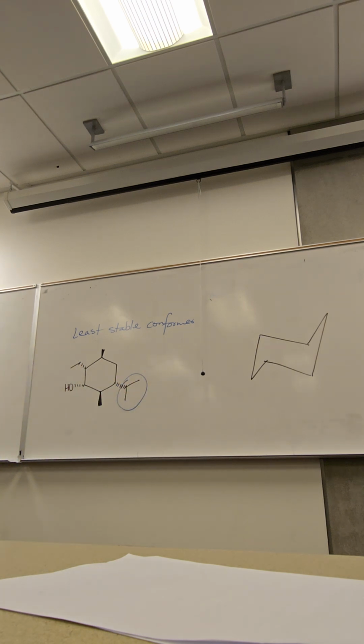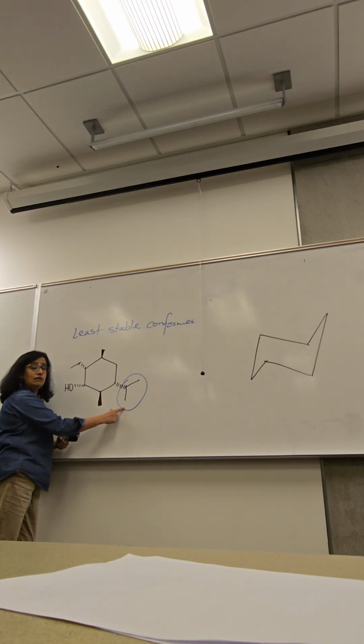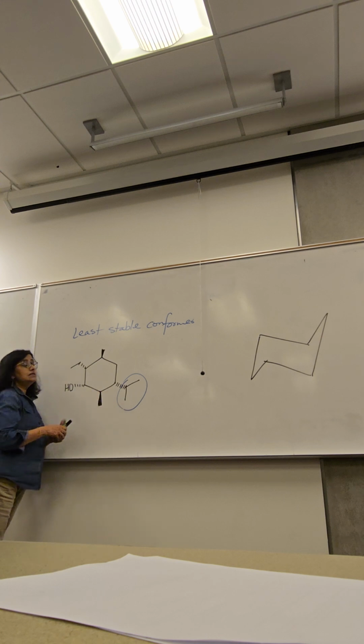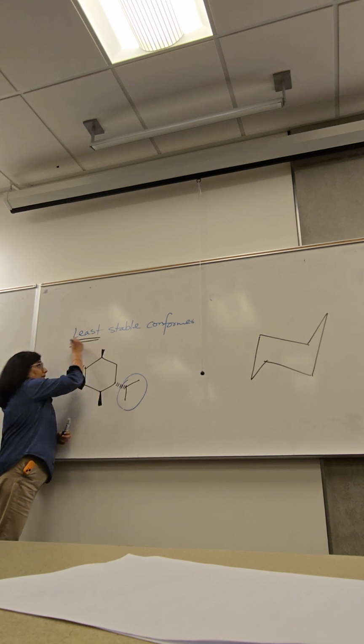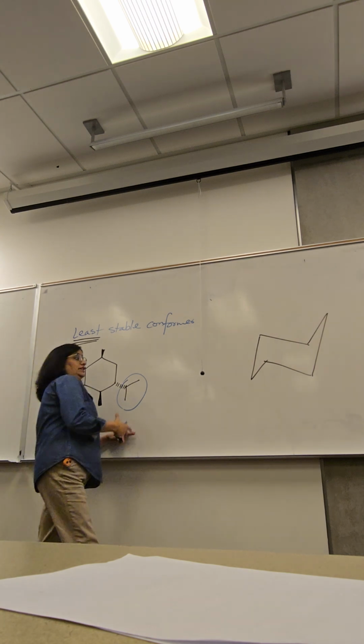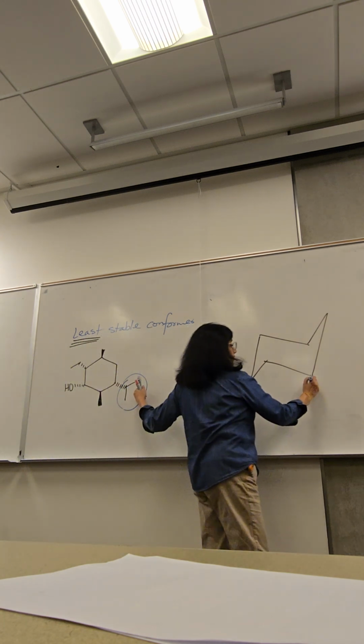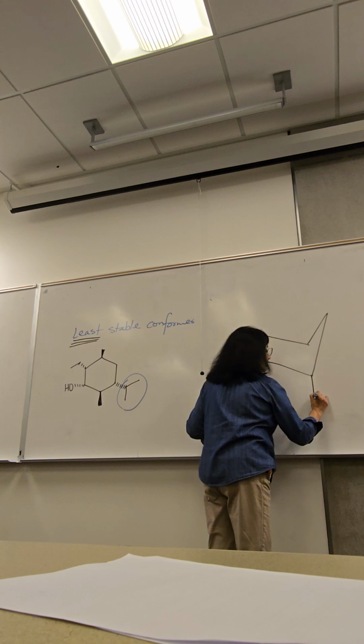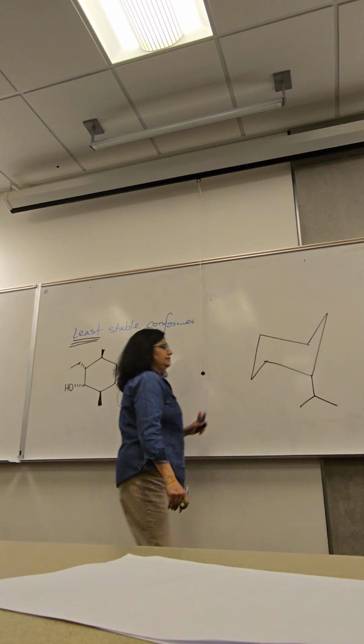Not weight. Absolutely. So which position would you want to put it in? Axial, because it's the least stable. Exactly, because that's the one it doesn't want. Okay, so if I put it axial going down, I'll put it like that.